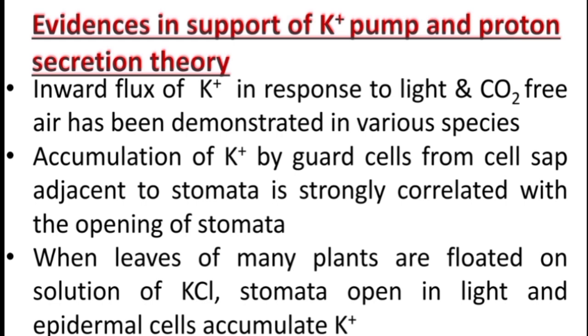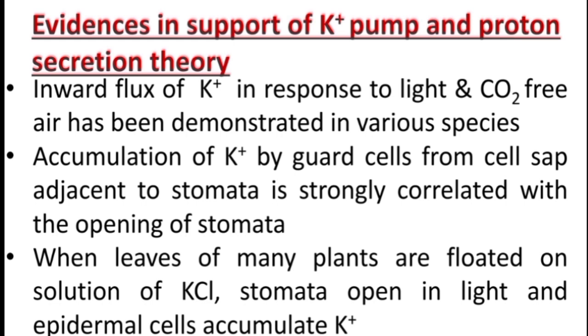And one experimental proof that was given is that when the leaves of plants are floated on a solution of potassium chloride, the stomata open in the presence of light. That means if light is provided and potassium influx takes place, the stomata will open.